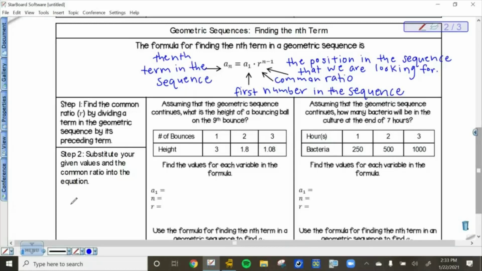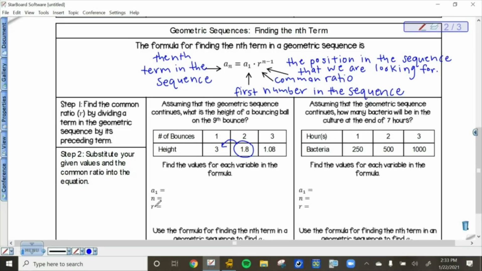So step 1 is find our common ratio, again, by dividing a term in the sequence by its preceding term. And then we substitute our given values and the common ratio into our equation. So let's first find our common ratio.